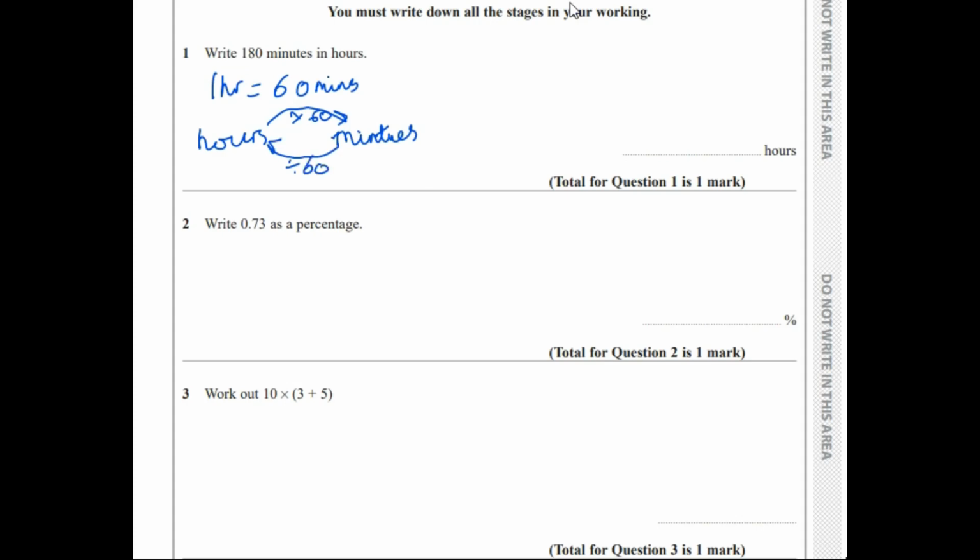The question gives us 180 minutes. So to get into hours, we know that we're on the right now. So to get round to the left, we have to divide by 60. So what we're going to do is 180 divided by 60. The easiest way of doing this is to go through our 60 times tables and work out what 180 is as a factor of 60.